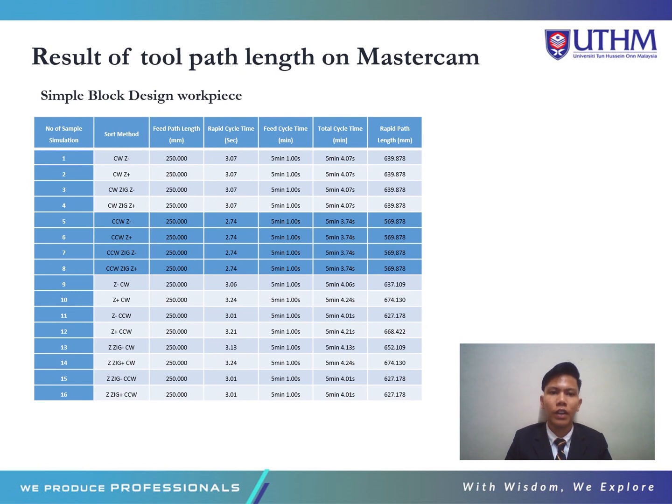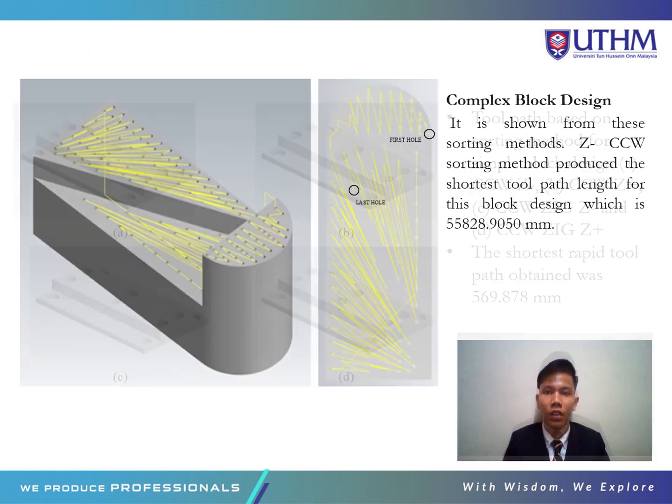Result on toolpath length on Mastercam. For the simple block design workpiece, the number of samples is 16 based on the sorting method, which is cross sort, and it shows that the results from samples 5 to 8 show the same result, which is the best toolpath for the simple block design workpiece.